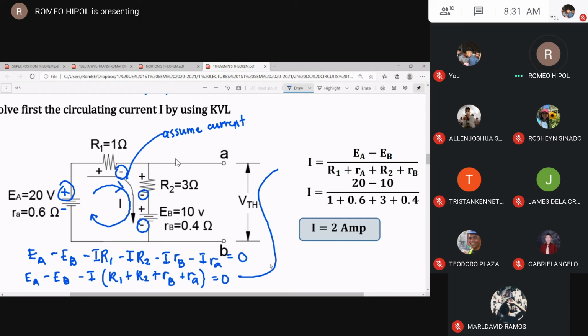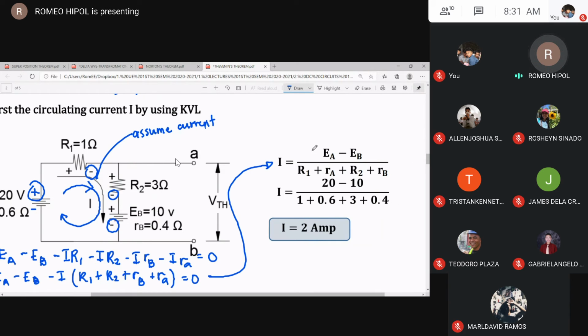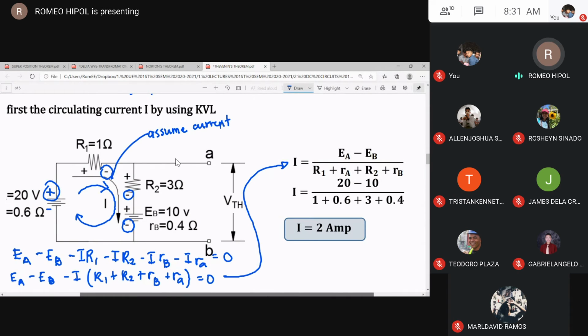So rearranging the equation, ito yung magsisilbing formula natin to get the circulating current. So we get positive 2 ampere. So meaning the assumed current direction is the same with the actual current direction. Okay?